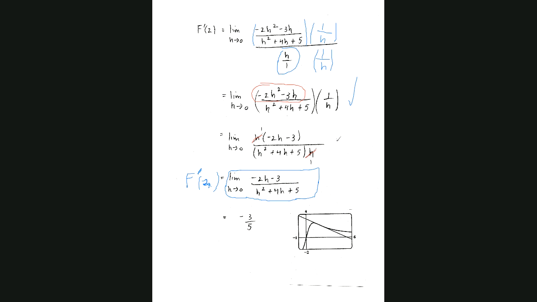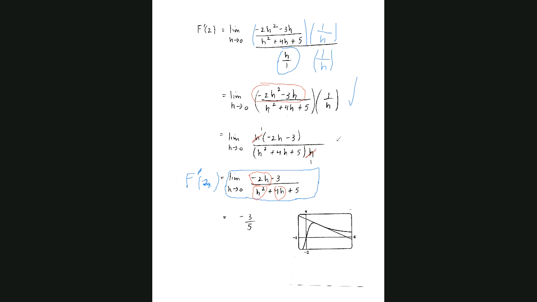What happens to the term negative 2h as h goes to 0? That goes to 0. h squared, what's that go to? That goes to 0. And 4h, that goes to 0. So you're left with negative 3/5.